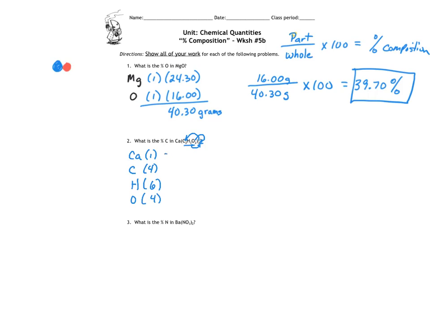So now I need to use my periodic table to find out the masses of each of these individual elements. Oops, and I shouldn't have put equal signs. Let me just back that up. Sometimes it's hard to talk and write at the same time. Let me go ahead and find those masses. So calcium.